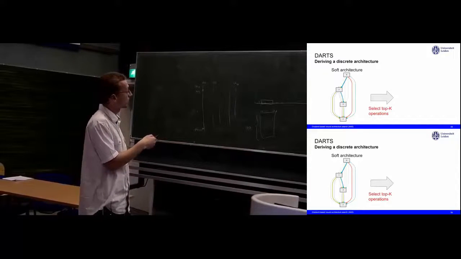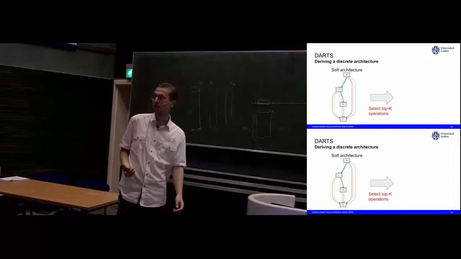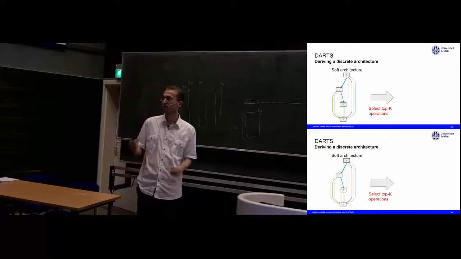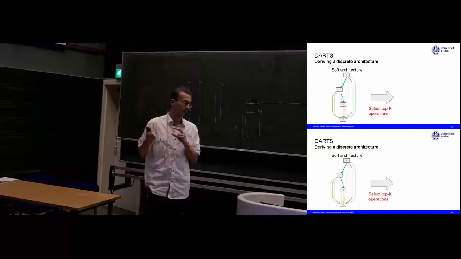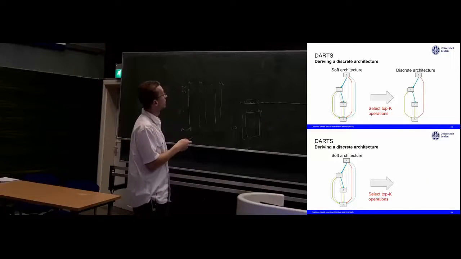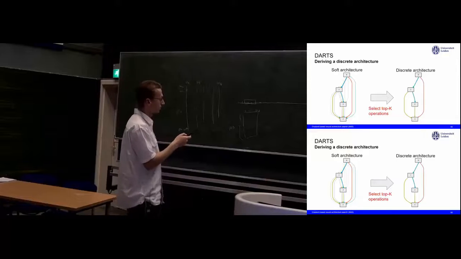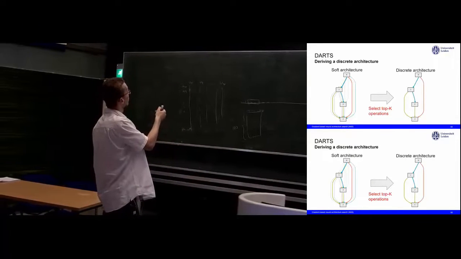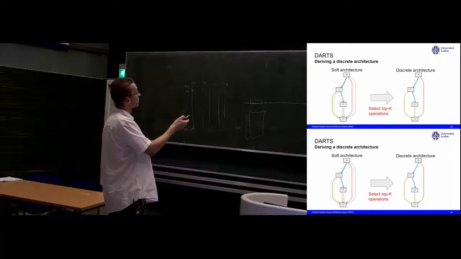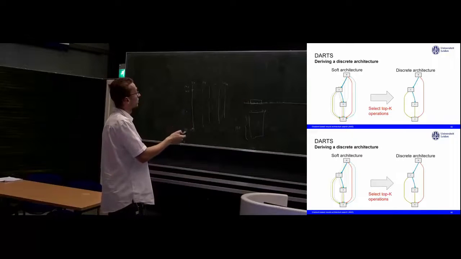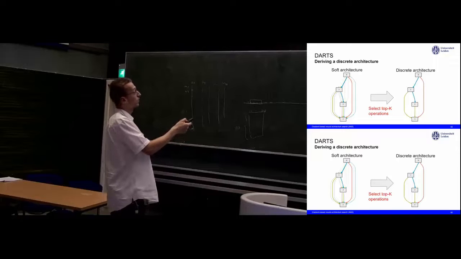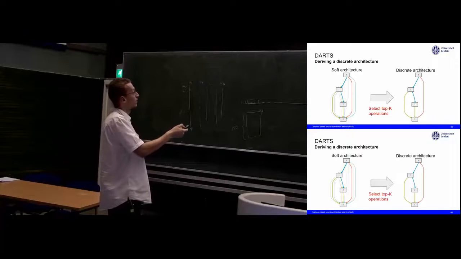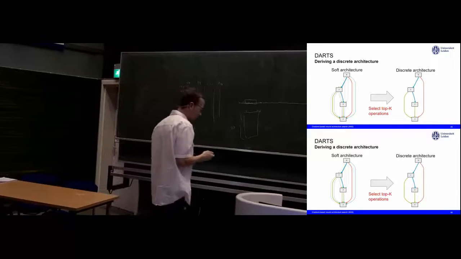And to do this, we can simply select the top K operations from every layer to another layer, and in that way, discretize the architecture. So for example, if we only select the top one operation per pair of layers, we end up with this architecture. So we're just selecting the operation with the largest weight for every transition.